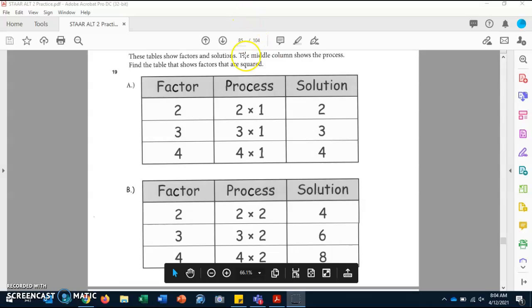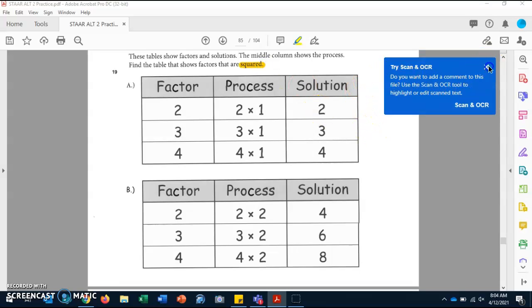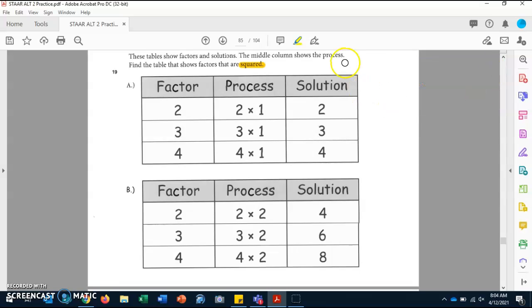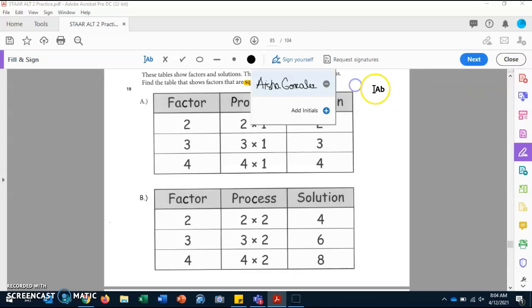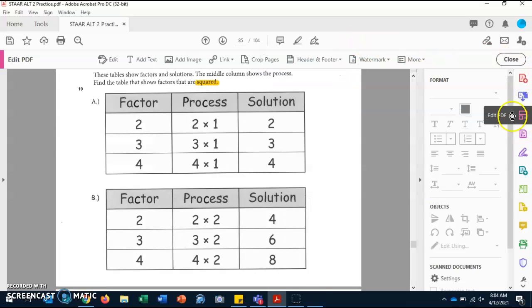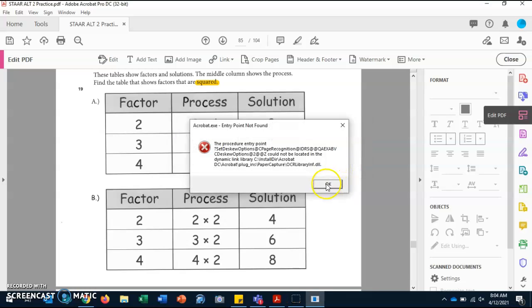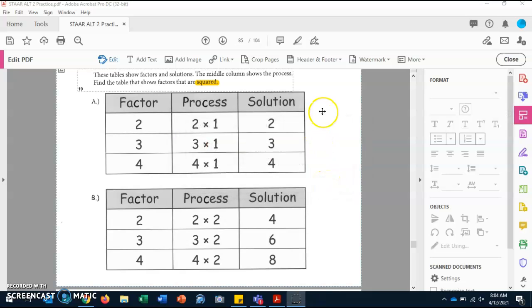To begin with, a square number is always going to look like this. So I'm going to put it right here.